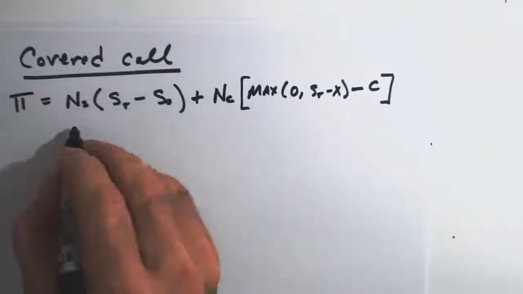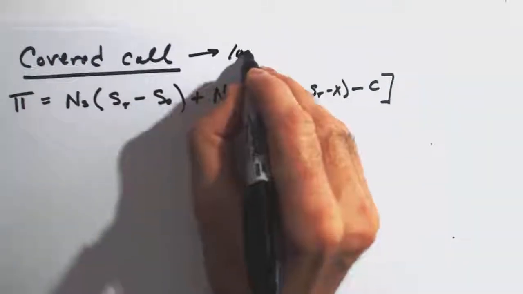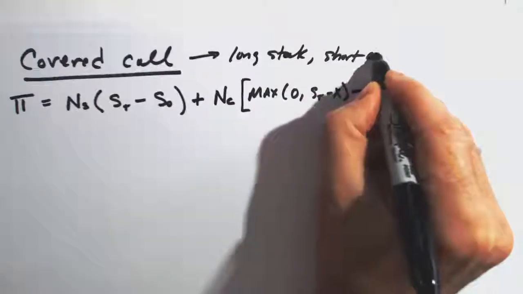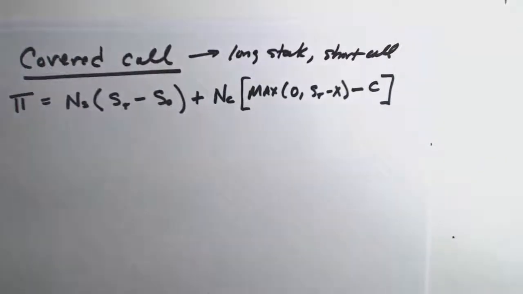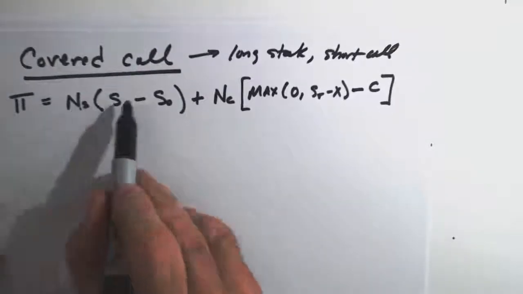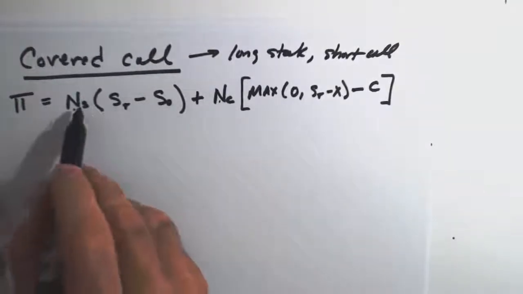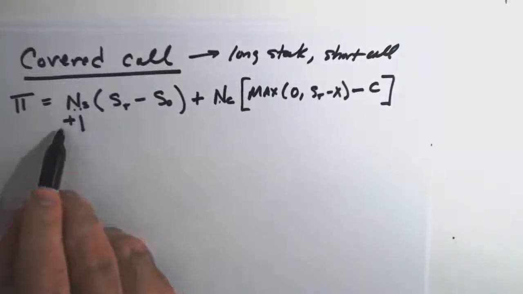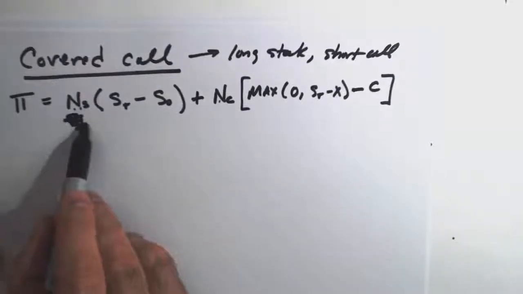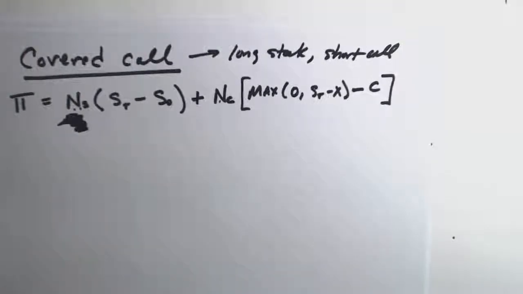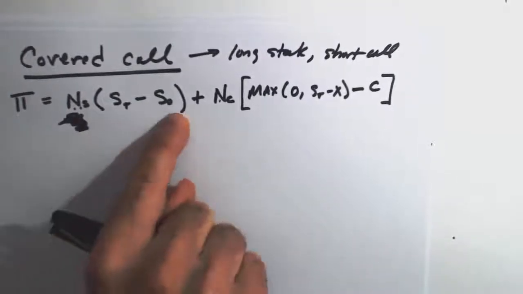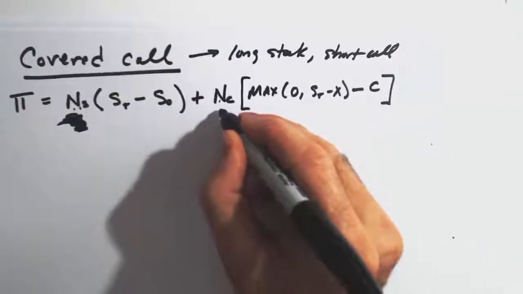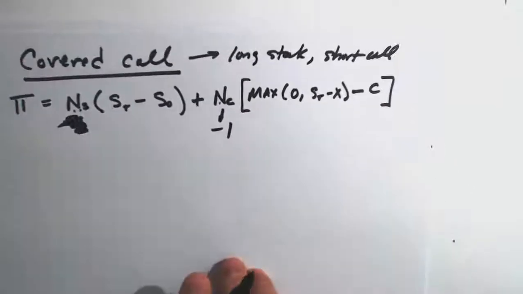Now, we're going to be long stock, short the call. What that means is, we're going to look at one share each, one option each. So this will be +1, and when you have +1, you don't have to write anything. It just disappears because you multiply +1 by anything and it doesn't do anything. So this is a profit per share. And then we're going to write the call, and this will be a -1.